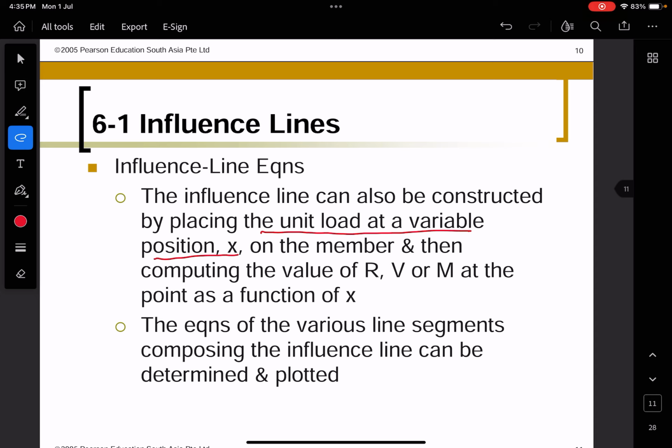Once you put the distance, you can calculate the reactions, the shear, and the moment at the point as a function of x, because the distance you assign is x. From those equations you can construct the influence line.